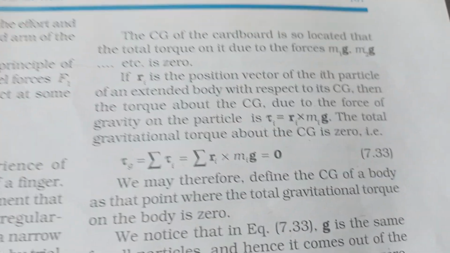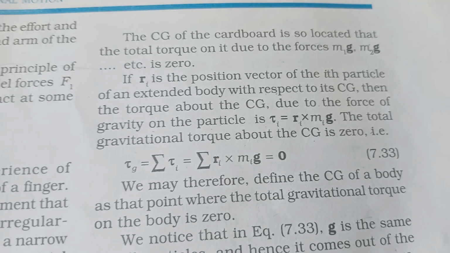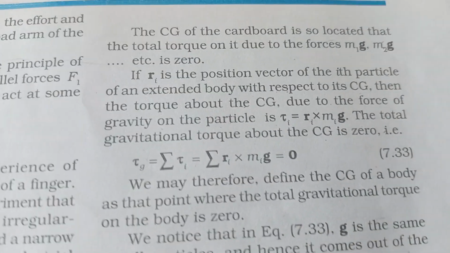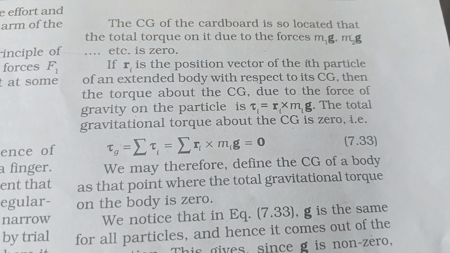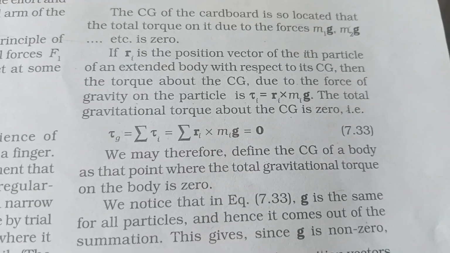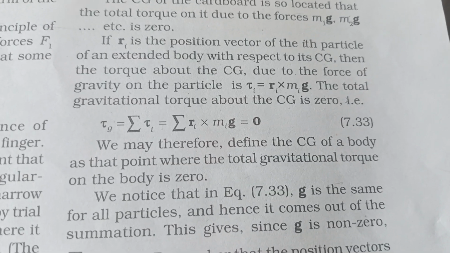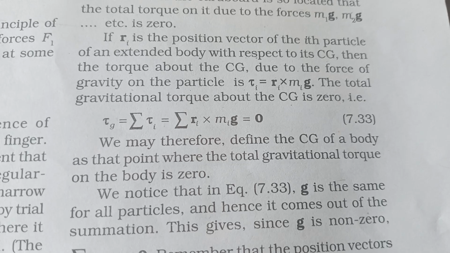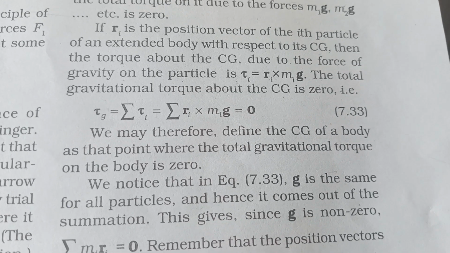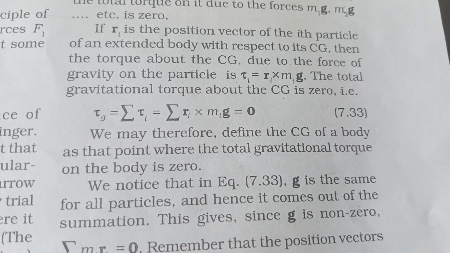Understood? If Ri is the position vector of the ith particle of an extended body with respect to its CG, center of gravity, then the torque about the CG due to the force of gravity on the particle is torque i equal to Ri into mig.